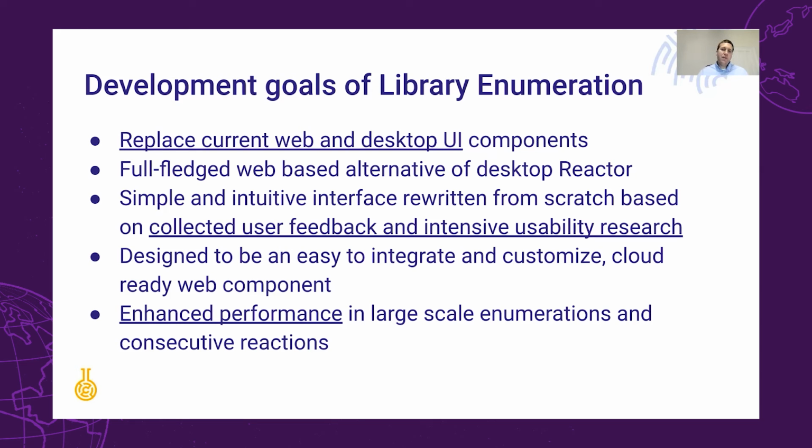This interface is rewritten from scratch based on the collected user feedback and intensive usability research that we did this year. It's designed to be an easily integratable and customizable cloud-ready web component and offer enhanced performance in large-scale enumeration and consecutive reactions.